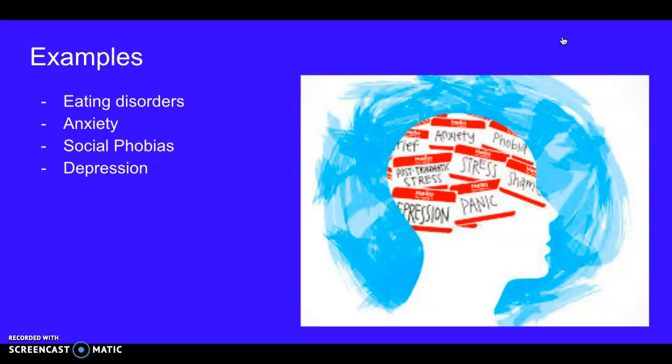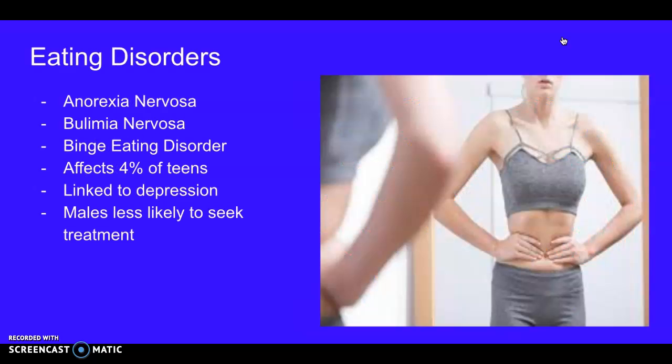Some examples of mental illnesses are eating disorders, anxiety, social phobias, and depression. So first, looking at eating disorders, there's three main types of an eating disorder. There's anorexia nervosa, bulimia nervosa, and there's also binge eating disorder. Anorexia and bulimia, people who suffer with this are typically obsessed with body image.